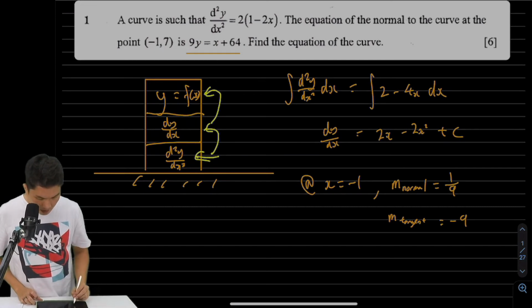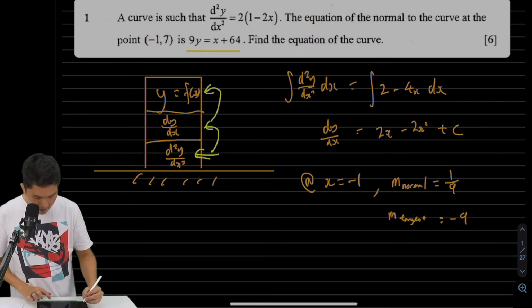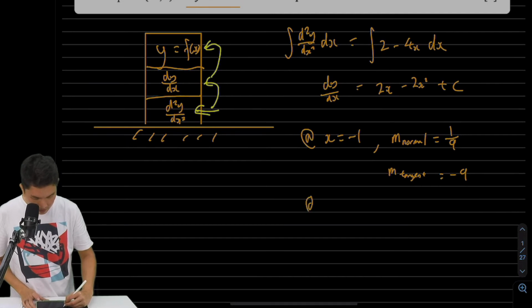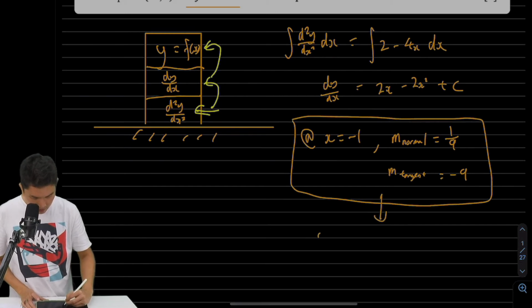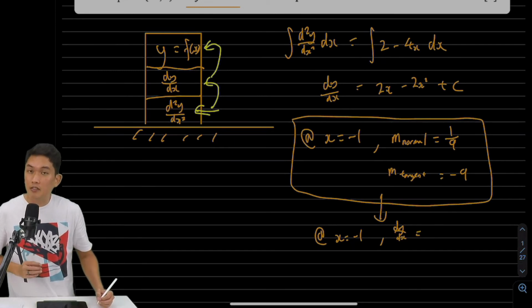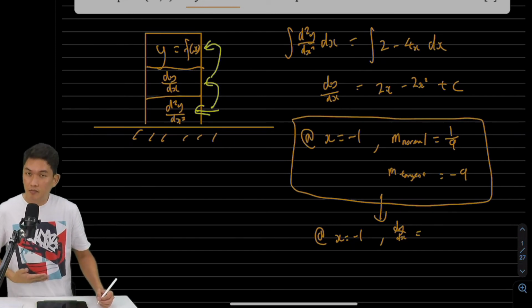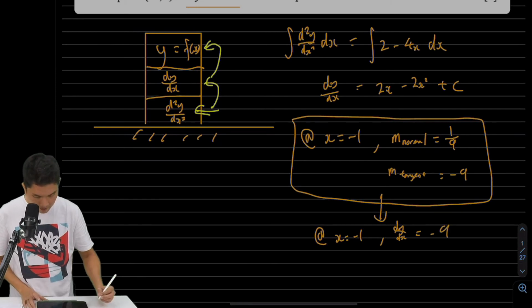So, the gradient of the tangent at that point means that at x equals -1, okay, so let's summarize this information over here. With this, I can say that, hey, at x equals -1, dy dx has the same gradient as the tangent of the curve, right? And that is -9.